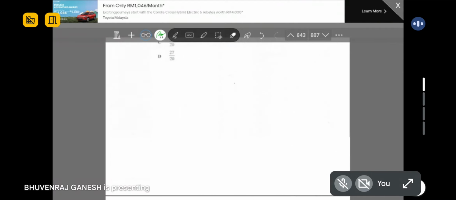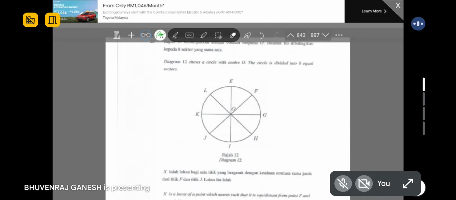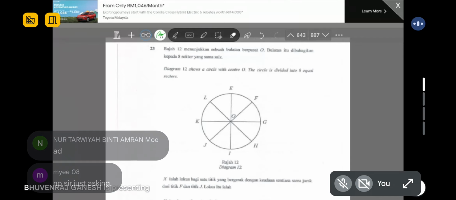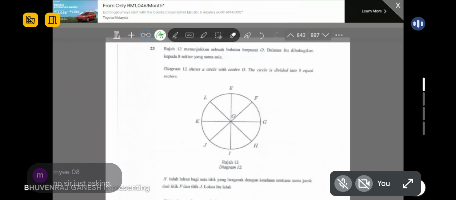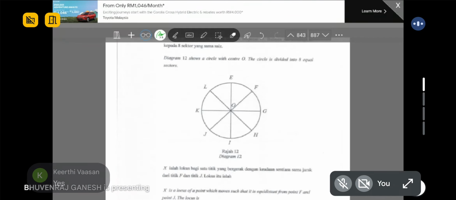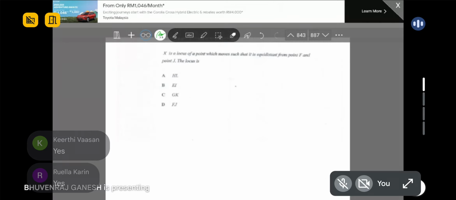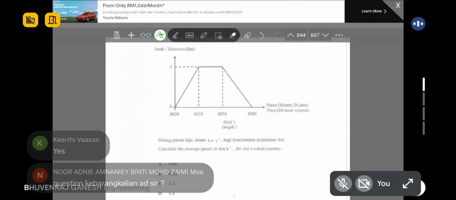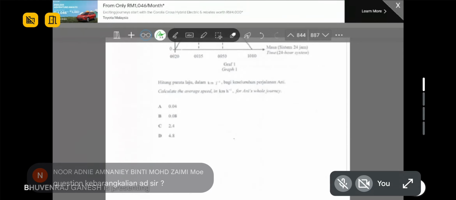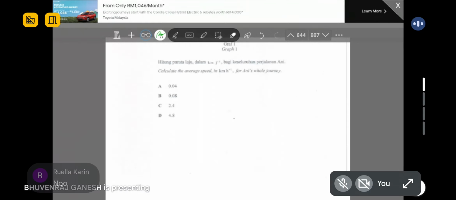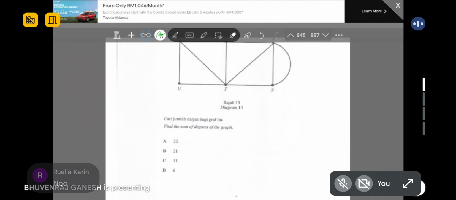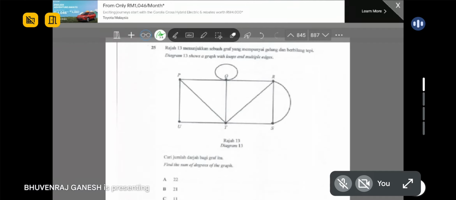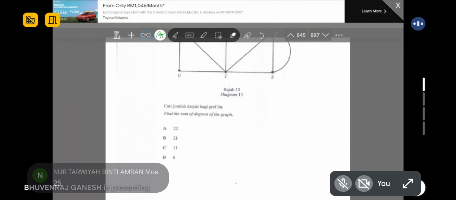Okay, continue. 23. AD. Apa maksud AD? 23 Nana? Tak ada. Okay, continue. 24. Graph? Ada? Don't have. Okay, continue. 25. Akan datang. Tunggu. Kebarangkalian tunggu. 25 Nana? Tak ada.